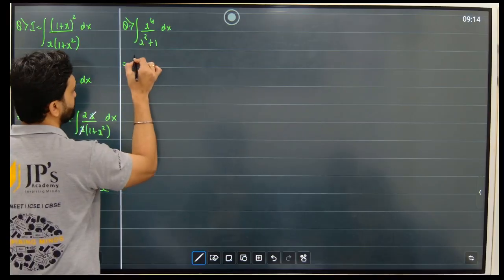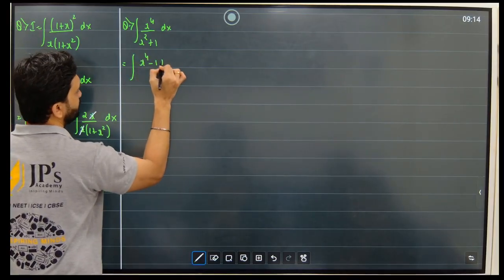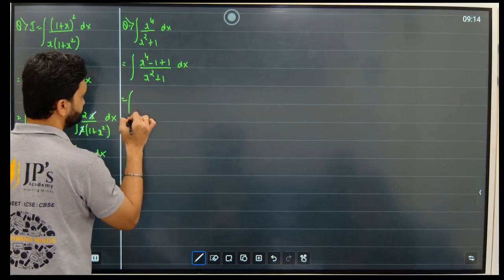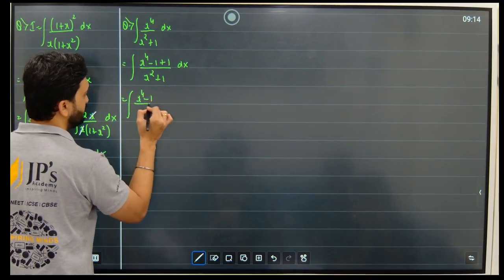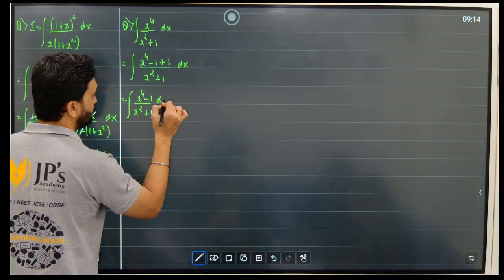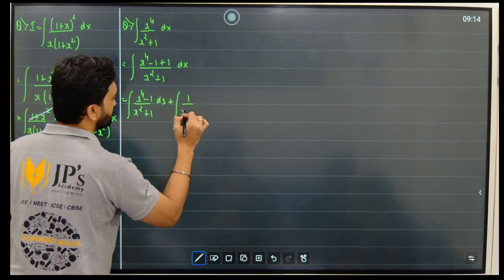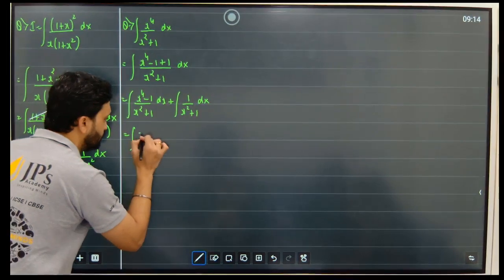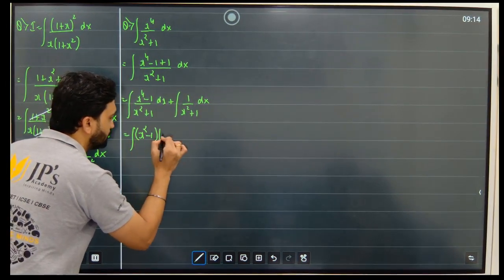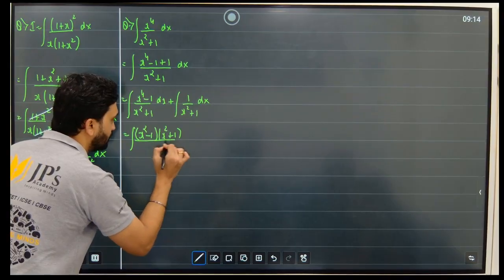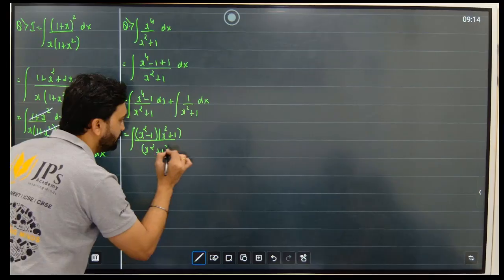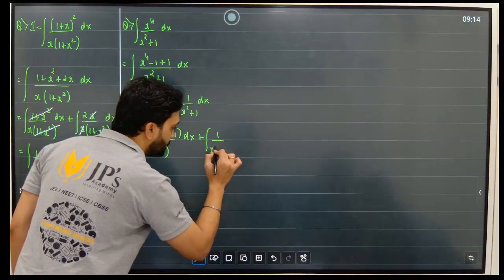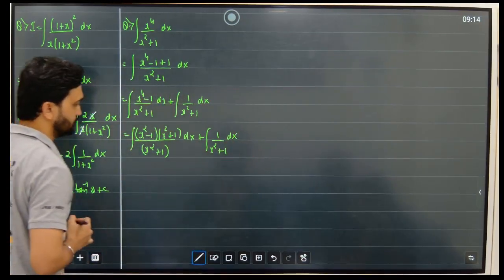What you're supposed to do is write x raised to 4 minus 1 plus 1 upon x square plus 1 dx, which is integration of x raised to 4 minus 1 upon x square plus 1 dx plus integration 1 upon x square plus 1 dx, which is equal to integration x square minus 1 times x square plus 1 upon x square plus 1 dx plus integration 1 upon x square plus 1 dx.